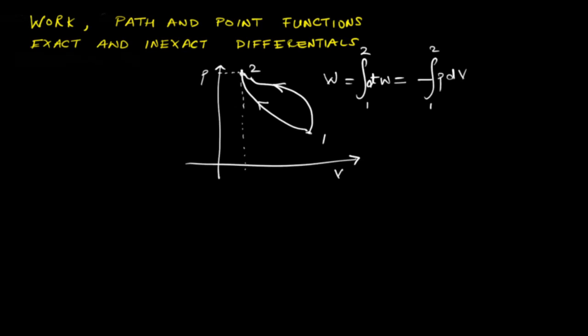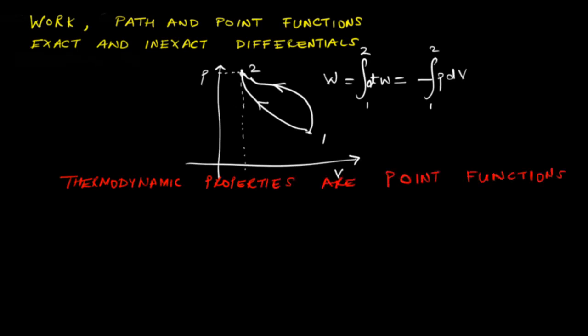Therefore, what we say is that thermodynamic properties are point functions. That is, the value of thermodynamic properties does not depend upon the path. They simply depend upon the point or the state of that system at that particular point.